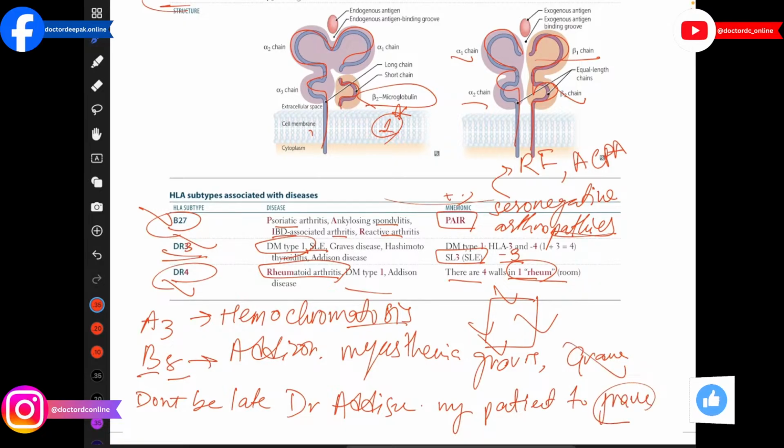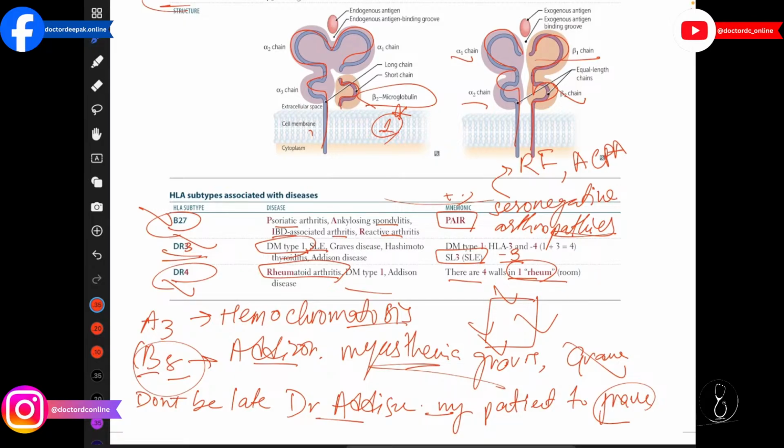The grave means Graves' disease. My patient means myasthenia gravis. Addison means Addison disease, and don't be late is B8. Just like that. And secondly, in Addison disease there is adrenal insufficiency in which there will be a decrease in cortisol and aldosterone. There are some other diseases like multiple sclerosis, hay fever, SLE, and Goodpasture syndrome.